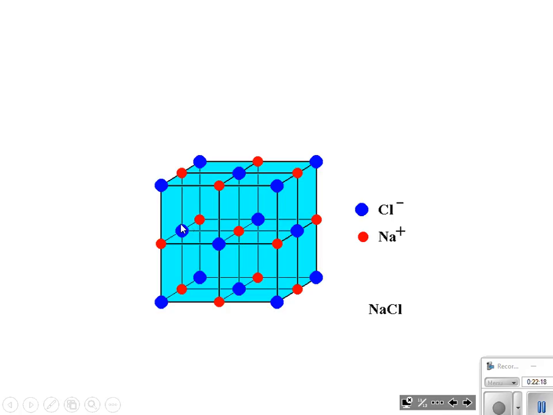The reds are always surrounded by blues. So we're alternating red, blue, red, blue, no matter what way you look at it. That is the orderly arrangement of a crystal lattice.